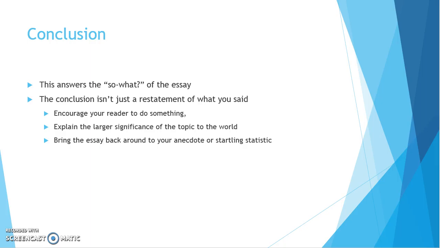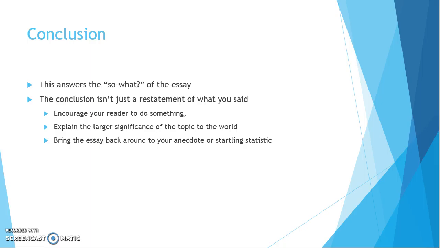You might explain the larger significance of the topic to the world. Why is this important? Where does this affect other people besides in the realm that you just talked about? You might bring your essay back around to your anecdote or your startling statistic.